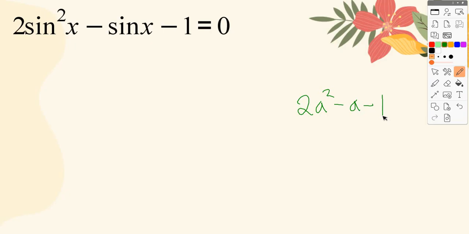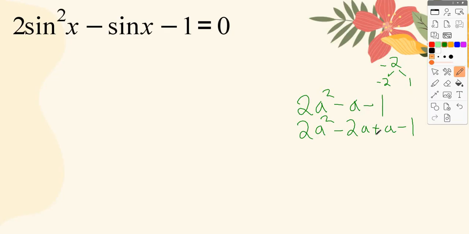Yeah, our AC method. So I have 2 times -1 gives us -2. So what multiplies together to give us -2 that adds together to give us -1? -2 and 1. And then remember, we use those numbers to break apart our middle term.